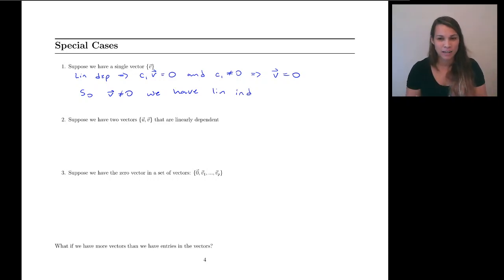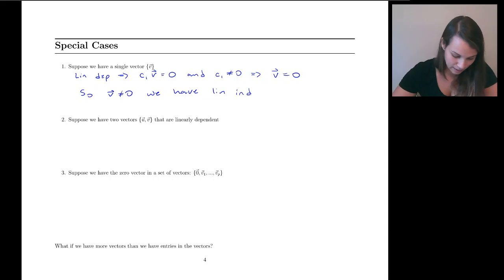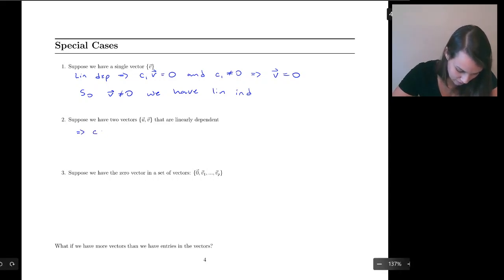Now let's get a little bit more interesting. Suppose now we have 2 vectors and they're linearly dependent. What can we get? Well, that means we have C1 times U plus C2 times V equal to 0, and at least C1 or C2 is not 0.